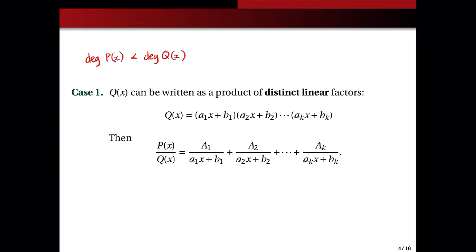Assuming this, then p of x over q of x can be written this way: capital A sub 1 over a1x plus b1 plus capital A sub 2 over a2x plus b2 plus so on and so forth until you have capital A sub k over a sub kx plus bk.